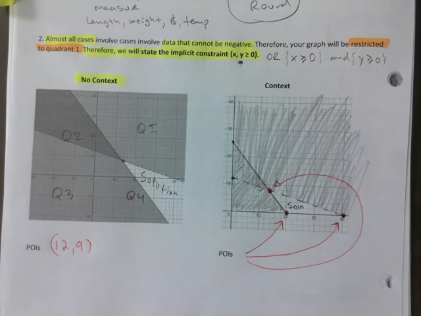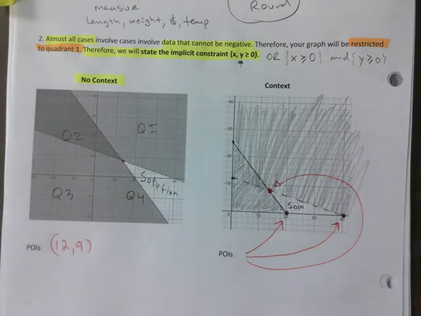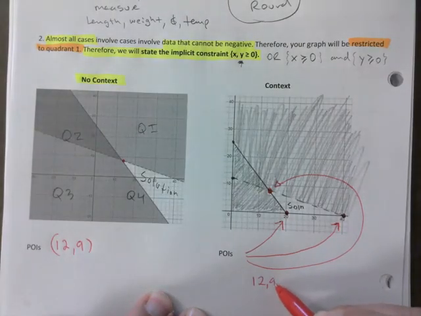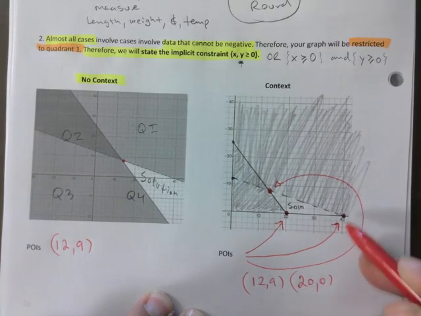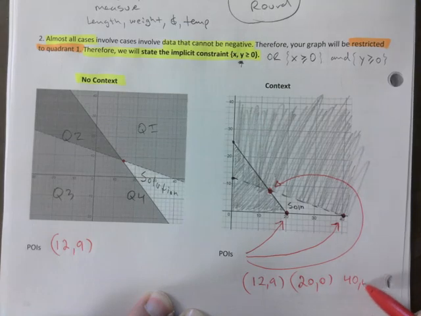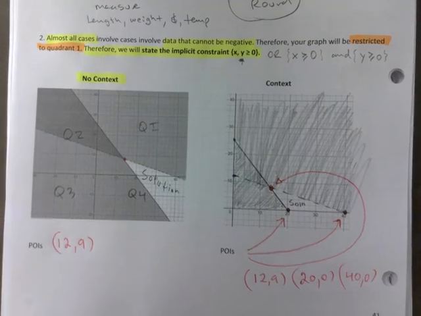So that's how it's going to change, right? So we can actually state them. There'll be 12, 9, and then 20, 0, as well as 40, 0. Can you see that on the screen? It's pretty far down there.